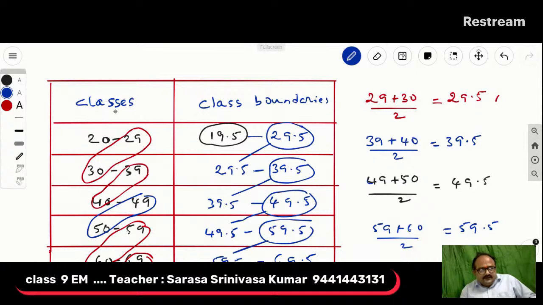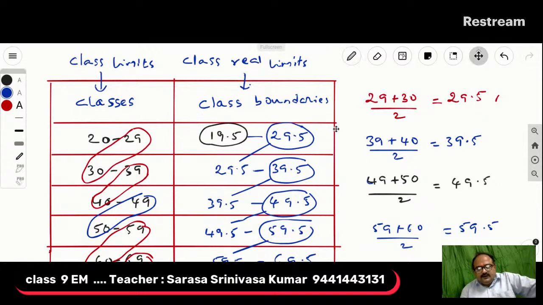The first column is called class limits. And these are called class boundaries or real limits. Real limits or boundaries, class boundaries. So that is the difference.